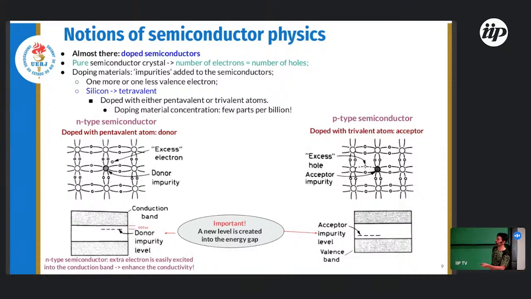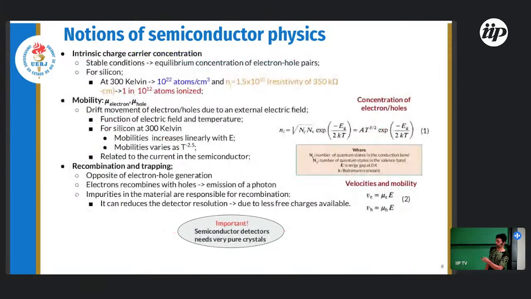This will introduce a new level inside this gap here, where the difference between the conduction band and this level is 0.05 electronvolts. It's very low, so it's easier for us now to move the additional electron to the conduction band. So we enhance the conductivity, which, if you remember, was very low due to the high resistivity of the material.